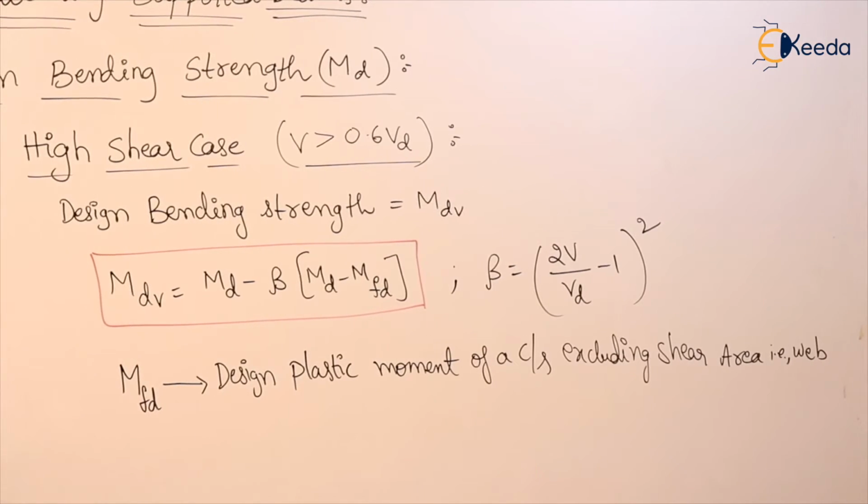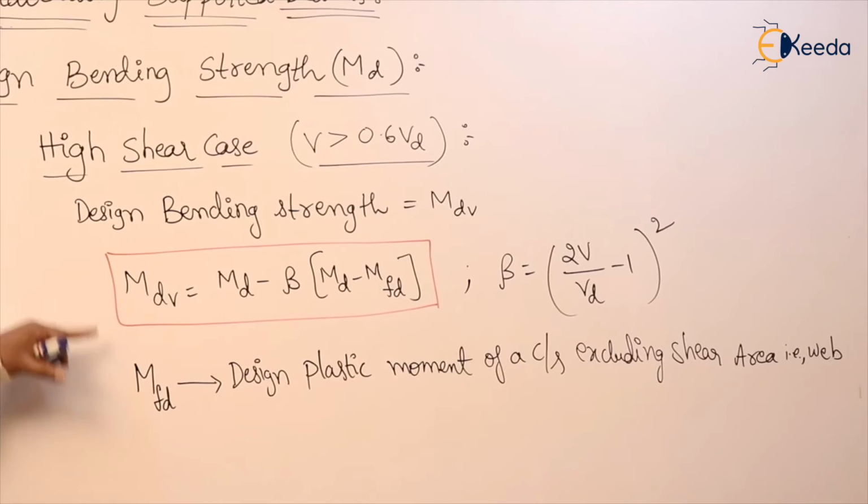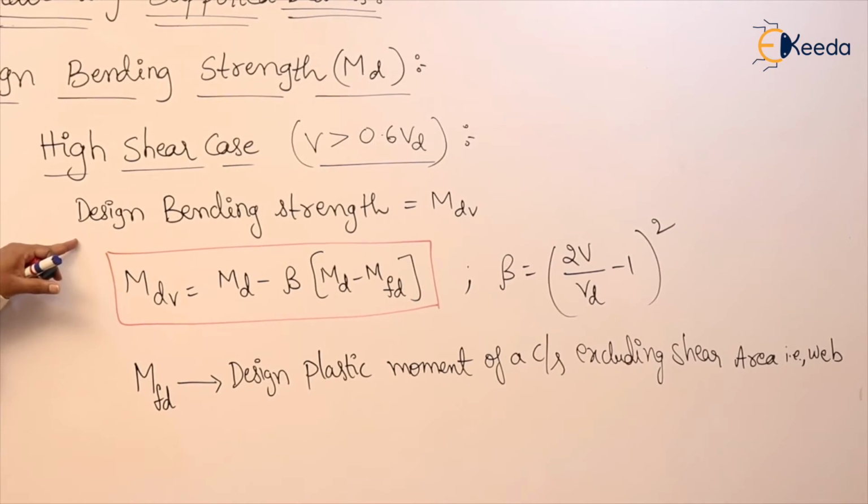That is web. So obviously shear area is nothing but web. So this is the design bending strength in high shear case. So take it down.